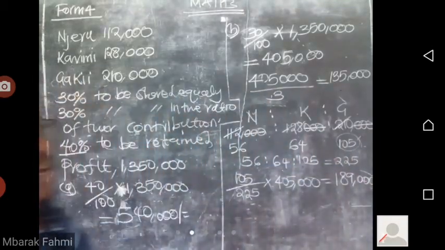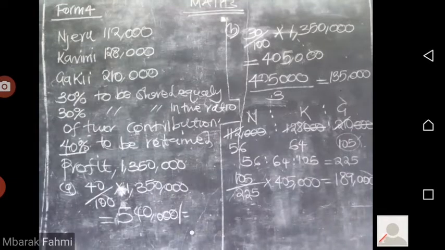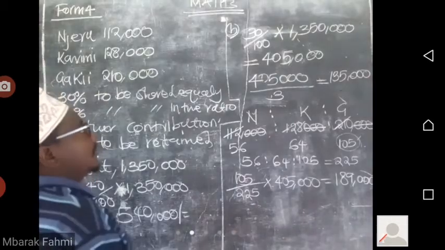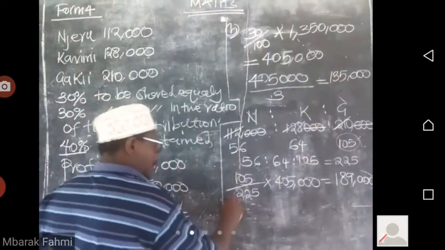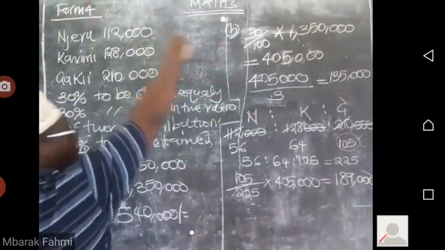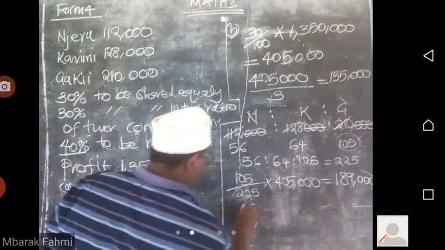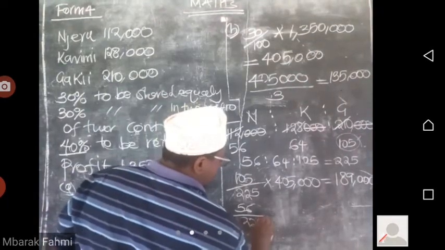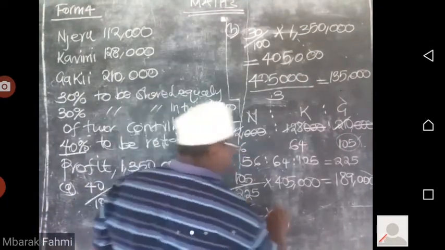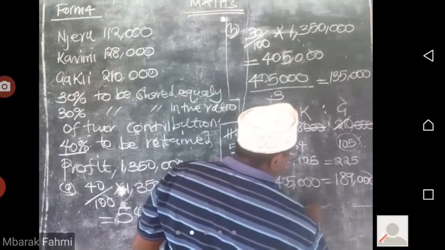So from the ratio of her contribution she will get 189,000. Then the other one, Njeru, her ratio will be 56 over 225 times 405,000.